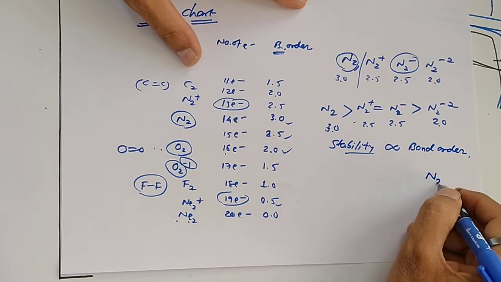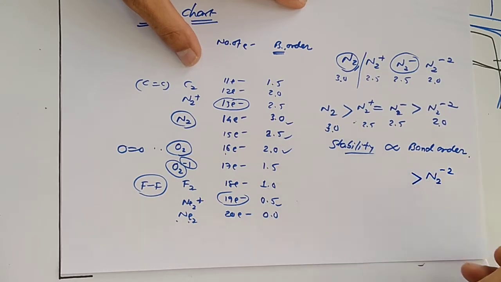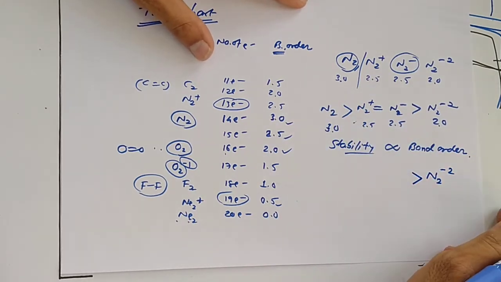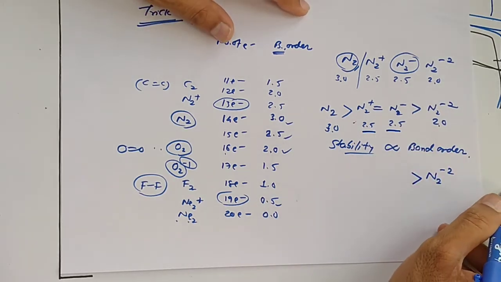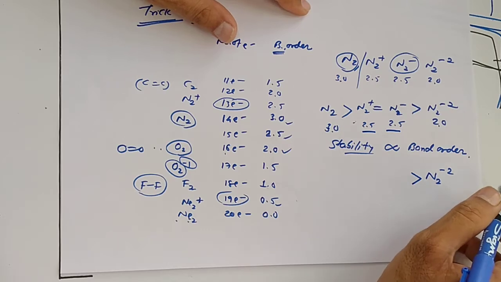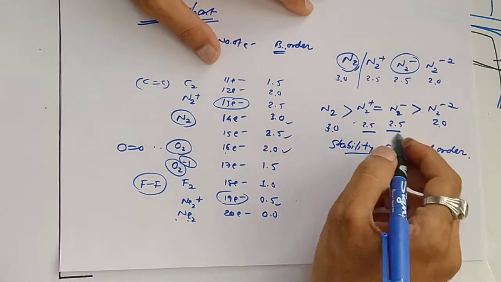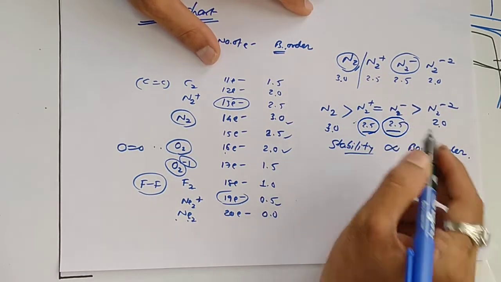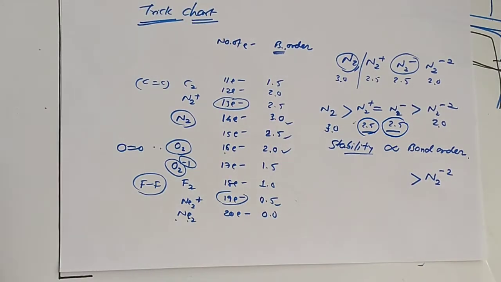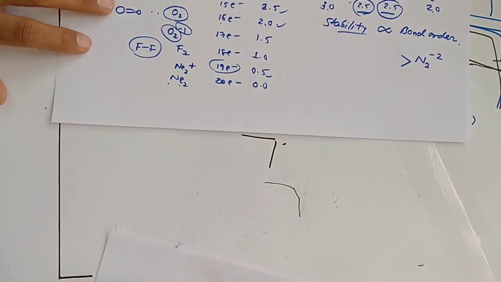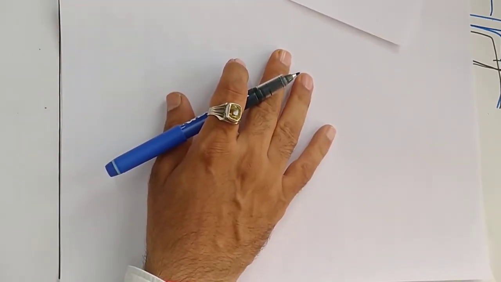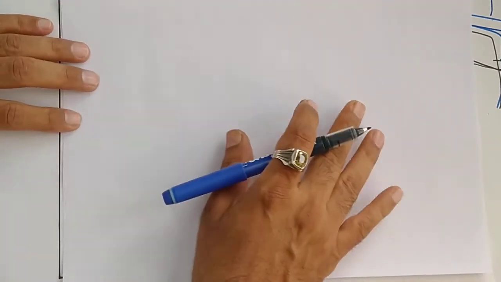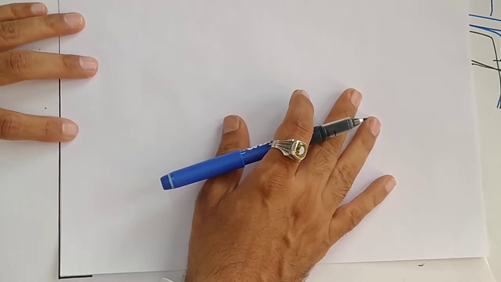So here N2 minus 2 is the least stable out of the 4. But here the bond order is the same for two of them. So in this case what do we have to do? I am giving you the answer for that. For N2 plus and N2 minus, what do we have to do? Listen. N2 plus and N2 minus both have bond order 2.5.